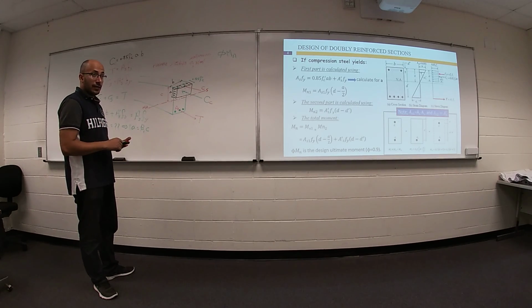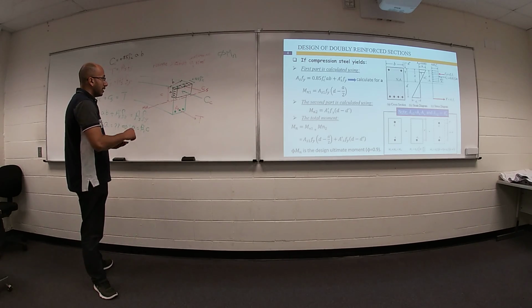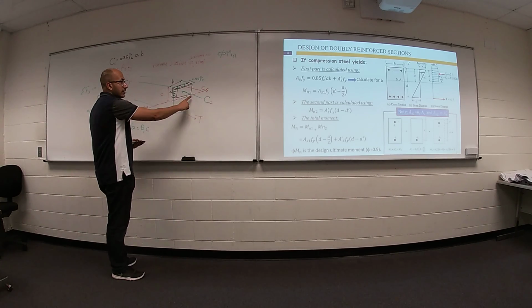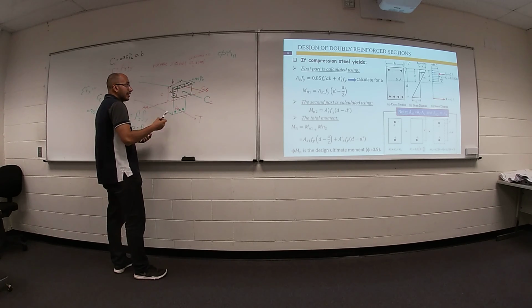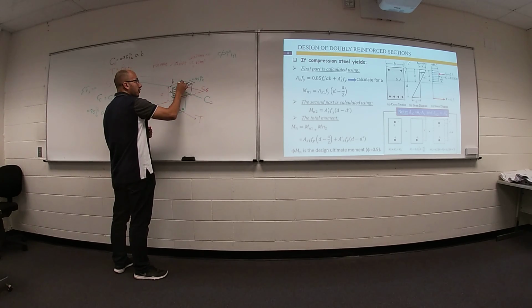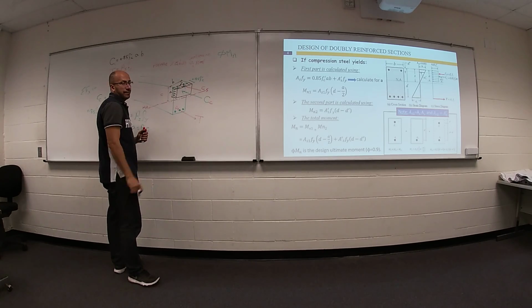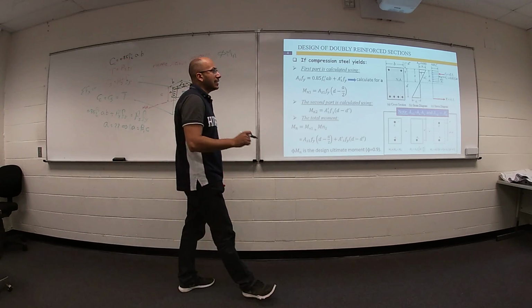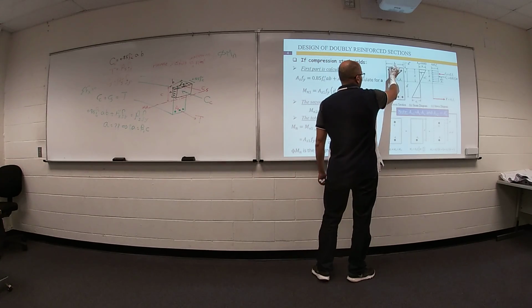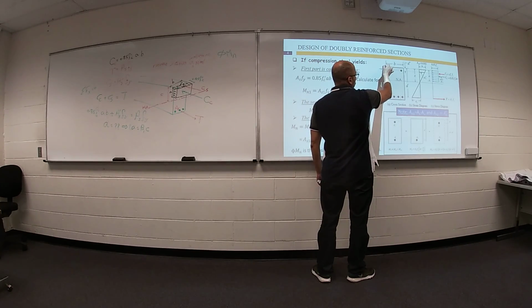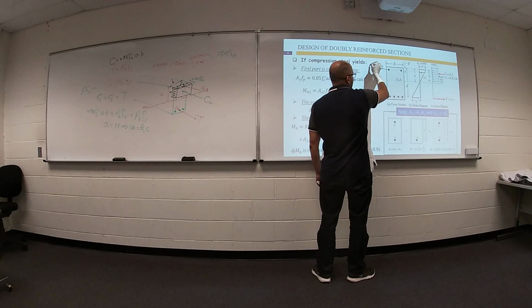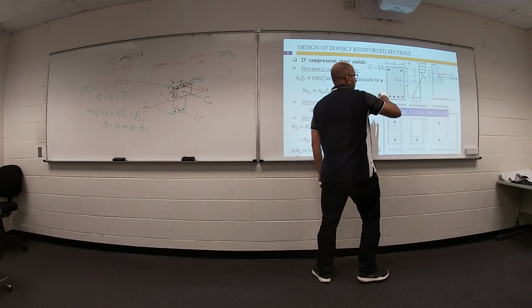We have two arrows there, but are they at the same location away from the neutral axis? This one, at a distance from the top equal to d prime, at the location of your steel reinforcement. So the depth of CS is at d prime.